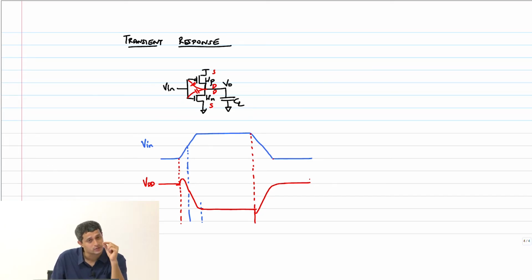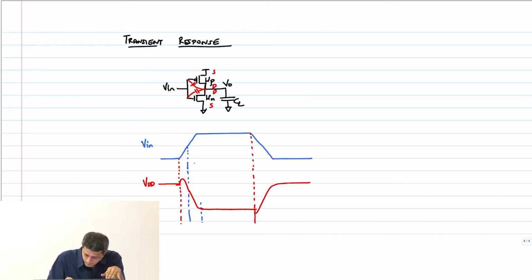Later you will see that when the nodes are actually floating and not being driven to either VDD or ground, this voltage can jump significantly above VDD. So you should do this simulation and see for yourself. The reason why this bump is there above VDD and below ground is because of this coupling capacitance between gate and drain of both NMOS and PMOS transistors, right?